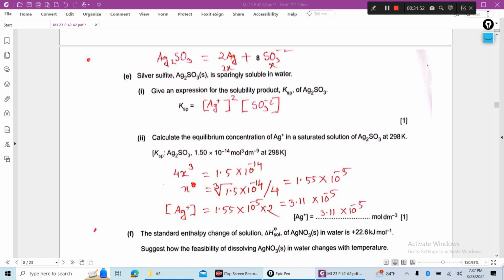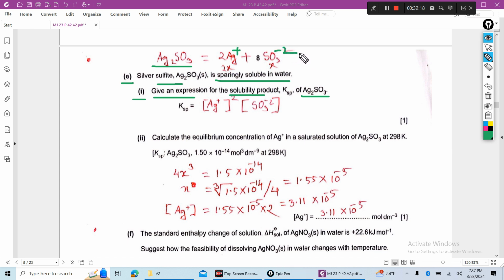E, silver sulfide is sparingly soluble in water. Number 1, give an expression for the solubility product of silver sulfide. You know, silver sulfide when ionizes, 2 silver ions and 1 sulfide ion are formed.